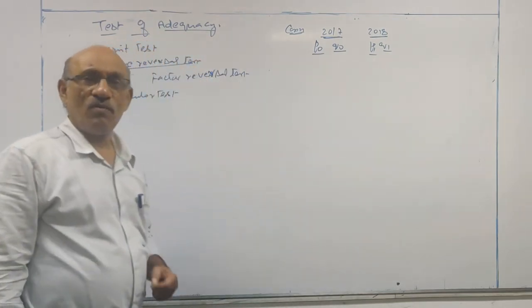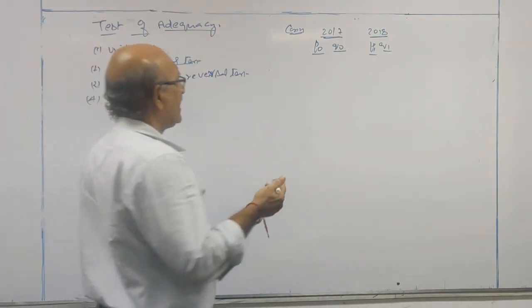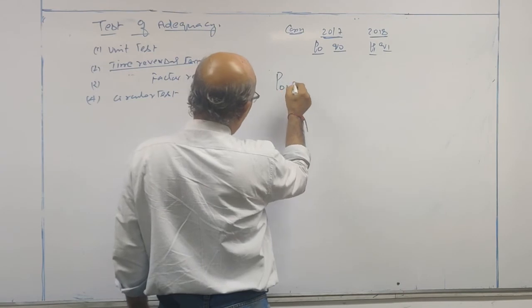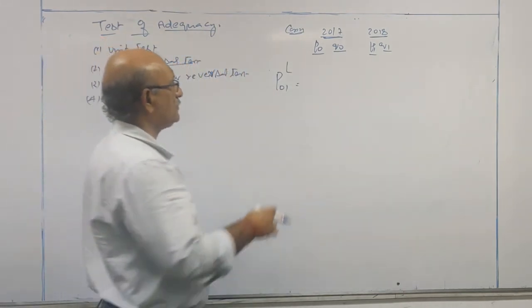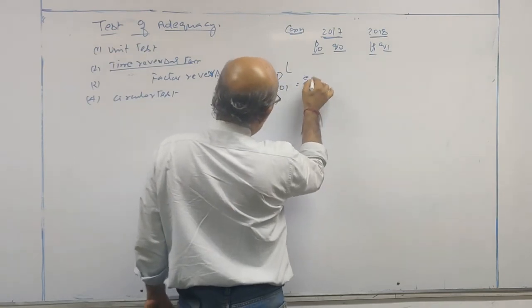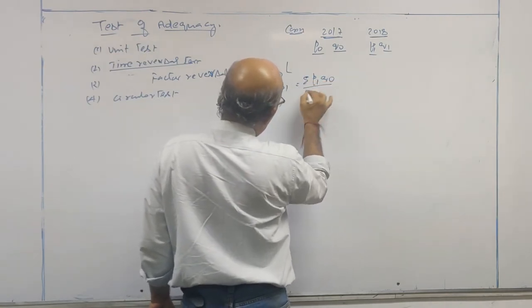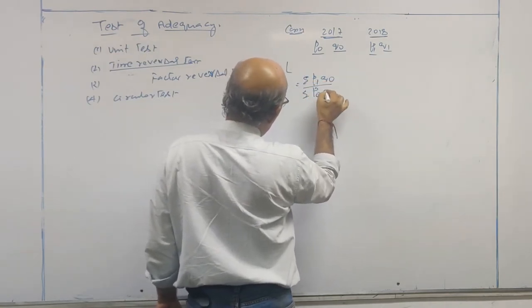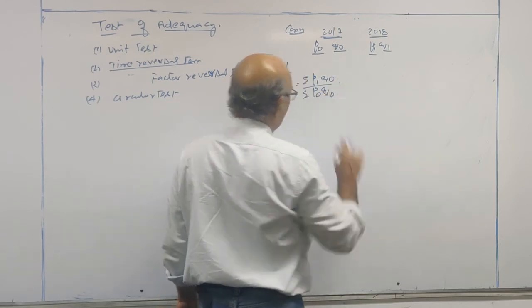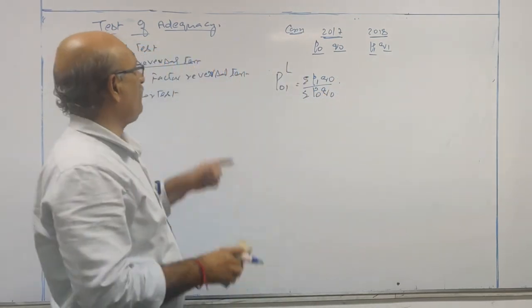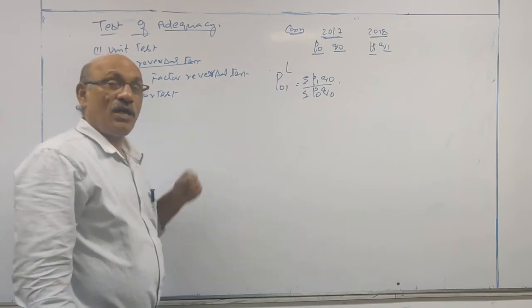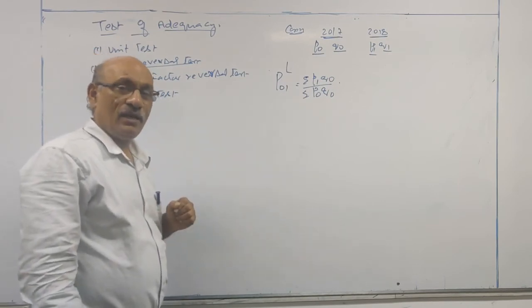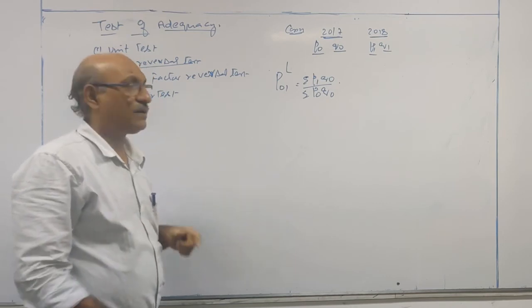I can calculate index number P01 by using Laspeyres' formula. This is summation of P1 Q0 by summation of P0 Q0. When you are verifying the time reversal test, factor reversal test or circular test, we have to ignore the 100 factor.